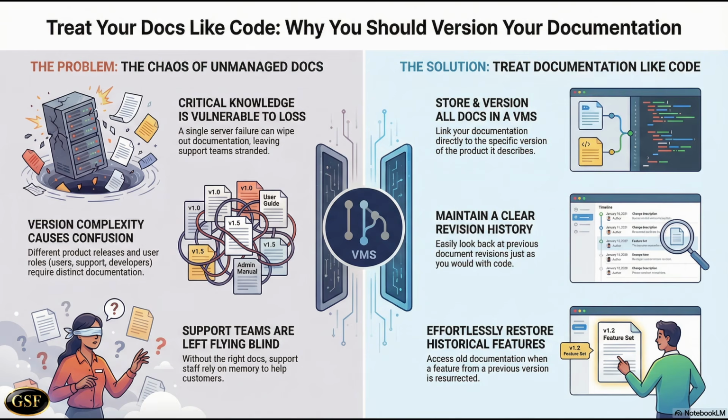Being able to look back at previous revisions of a document is just as useful as it is for code. Especially where version 3 resurrects a feature that was deleted in version 2, but first existed in version 1 of the product. So yes, treat any sort of documentation as code that needs to be versioned and stored in the version management system.